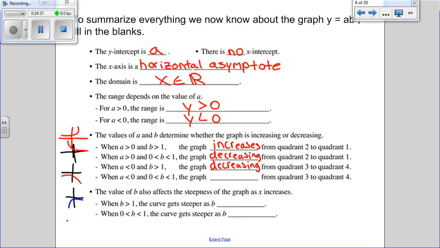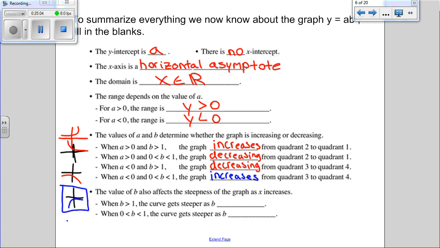So the graph increases. We haven't done a graph with one of those, but that's what it looks like. So I've drawn it down here for you to just kind of picture what it looks like. It's going up as you get further along x, and again, it runs right along that asymptote.